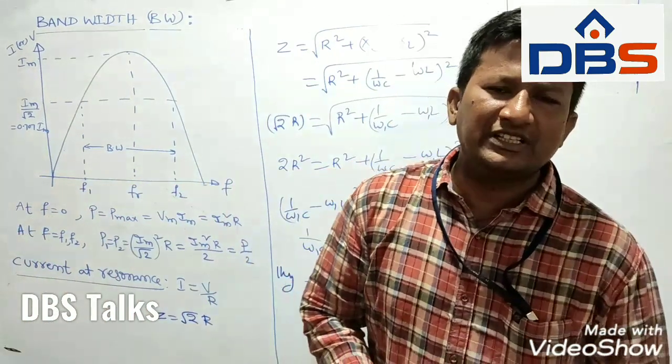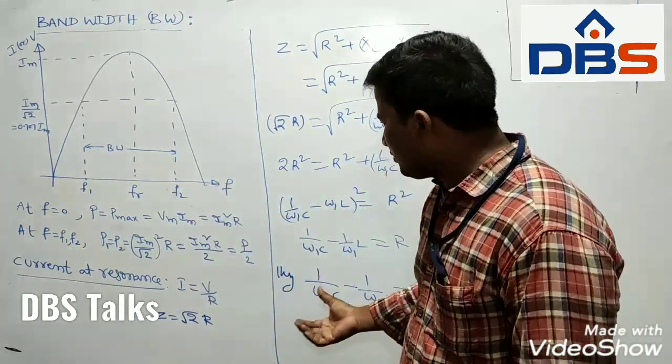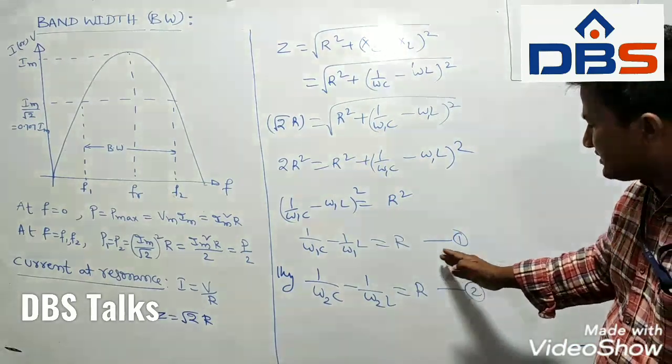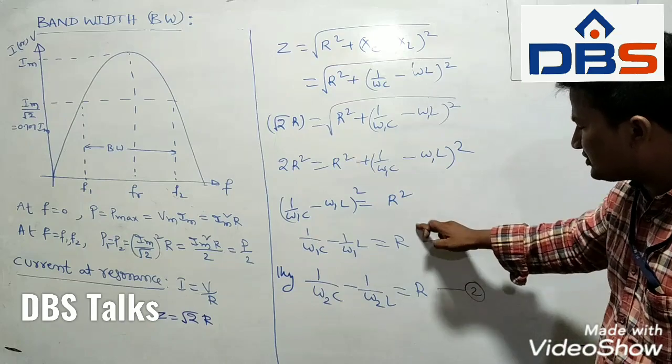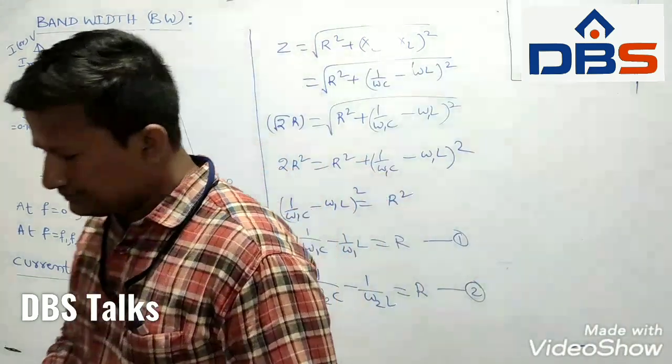Now we have to find the cutoff frequencies, or the range of frequencies. We equate these two. Equation 1 and equation 2 resemble each other, so the right sides of these two equations are the same. That is why we equate the left sides of these two equations.